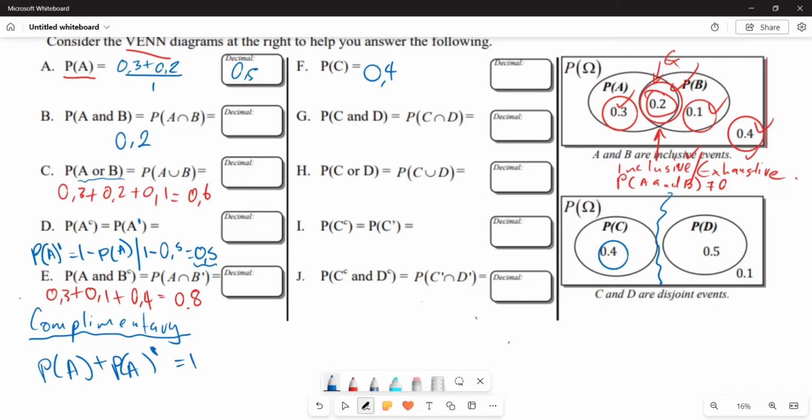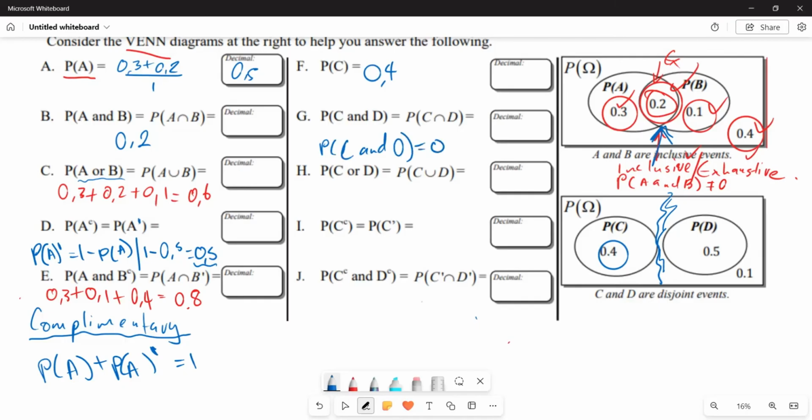And now they want to find out the probability of C and D. I just said that for the probability of A and B, you must have the intersection here. But if you look at these ones, they don't have anything in common. So they don't have any intersection. So the probability of C and D is equal to 0.